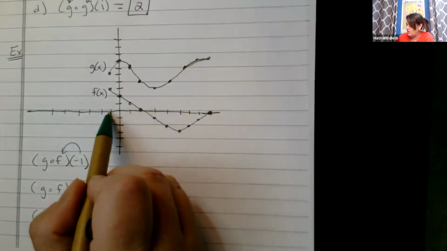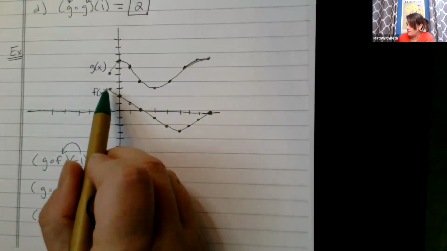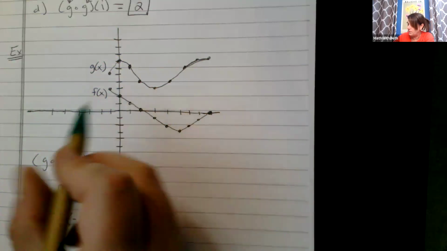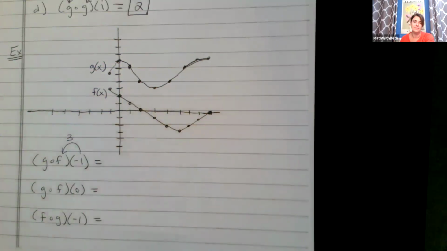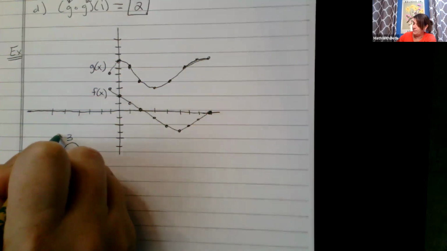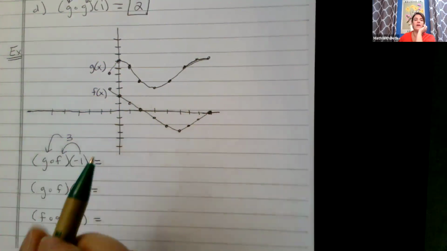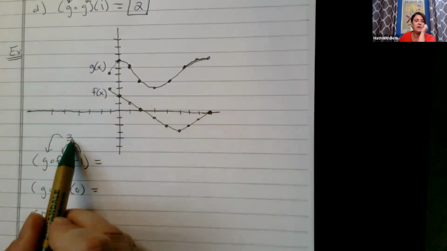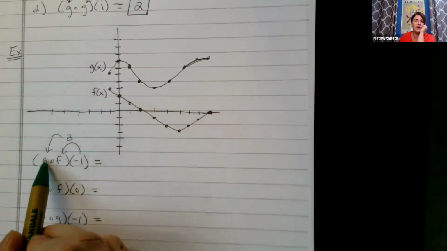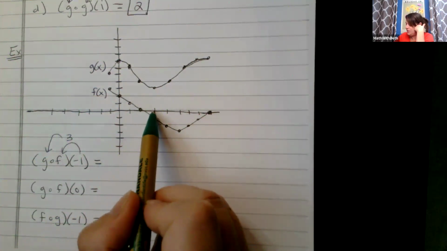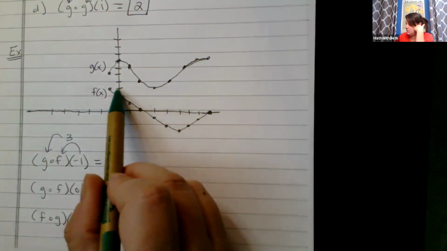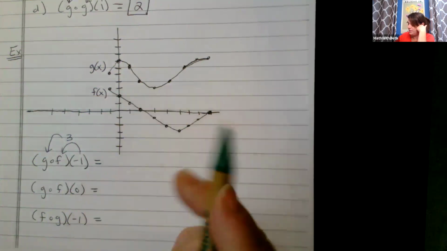So -1, if I look at the f, the y value would be 3. So now if I plug in or look on the graph where x is 3 and look at the g function, what do I get? So 1, 2, 3. If I look at the g function, it looks like I get 3.